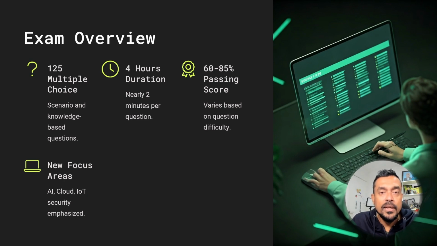If you look at the 20 modules that we are covering, the previous versions treated these areas as introductory modules. If you analyzed the questions in previous versions, there were not many questions from those areas, especially IoT and OT, and also cloud security, and AI was not there anyway.